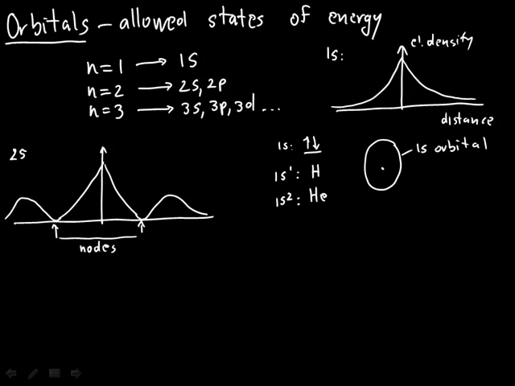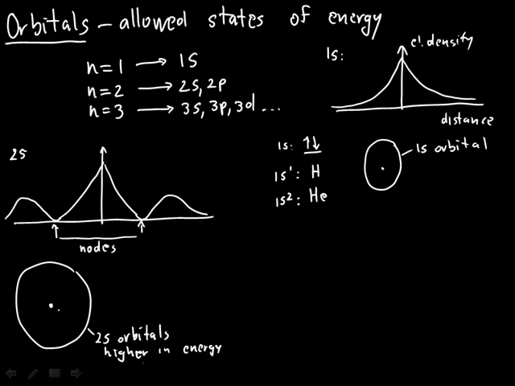And we'll see that they're relatively important quantum mechanical constants. For our purposes, the 2s orbital is just larger than the 1s orbital. The nucleus is still in the center. And since it's larger, its energy is higher than 1s.